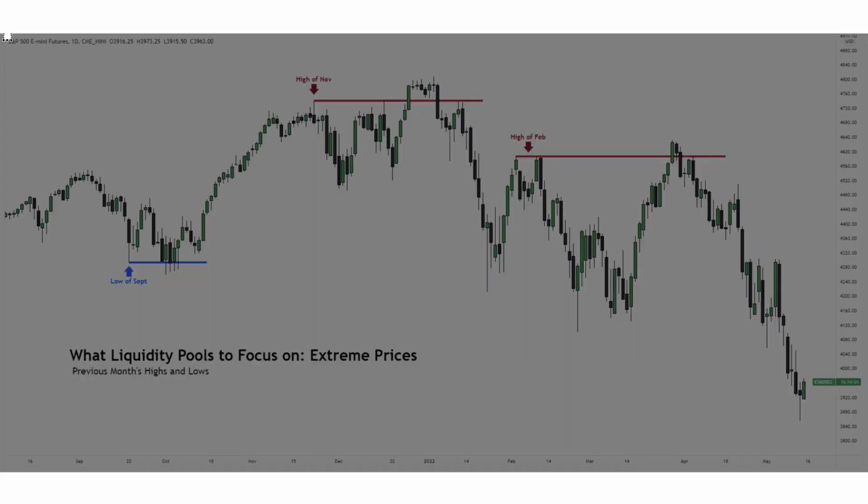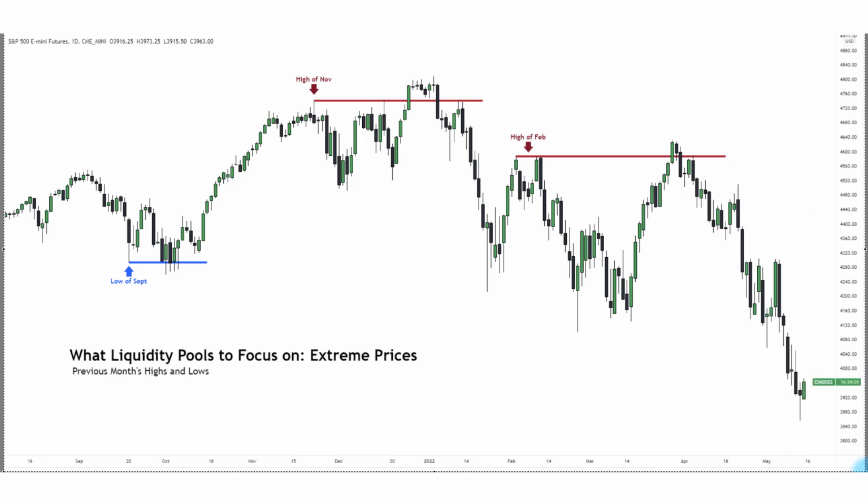And a little tip for you guys, when it comes to liquidity pools on the daily chart, you want to make sure that liquidity pools that you're using have space and time between them. So what do I mean? If you look at this purge right here, you want to make sure that this area right here, we have space and time, tells us that there's time for liquidity to accumulate above this high.